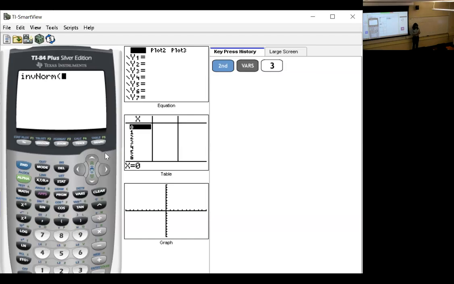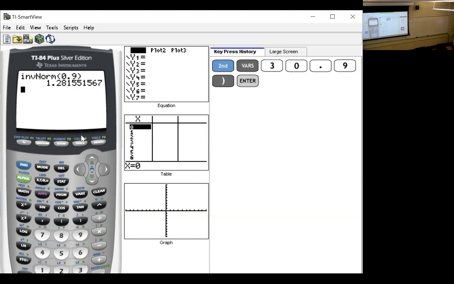In my case, I've shaded to the right-hand side, and you were all correct for all 3 cases when I asked, if area above is 0.1, what is below? 0.1 this side, 0.9, 1 minus 0.1. So if I put 0.9, I will get 1.28. Good.